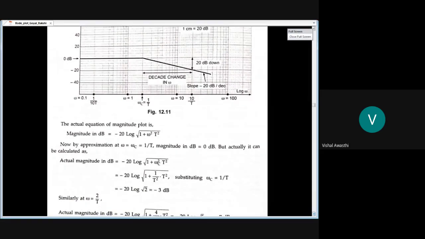So when you put omega is equal to omega c, then you can see on the screen the actual magnitude is minus 3 dB. It means at this particular frequency, from your graph you can see that this is 0 dB, but in actual, this is not 0 dB. This is minus 3 dB.